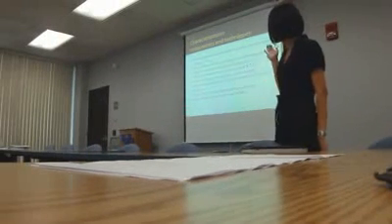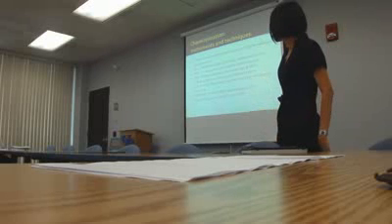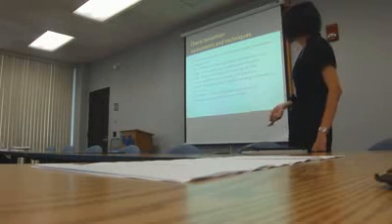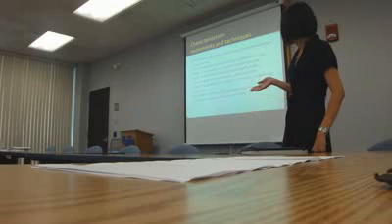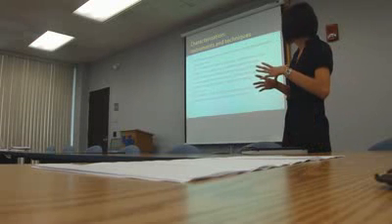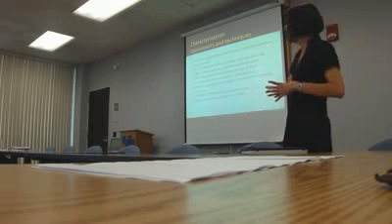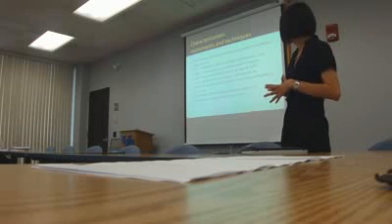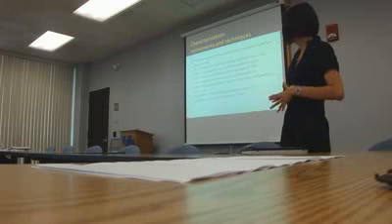Okay, so these are the techniques that we use for characterization. FTIR is for studying the oxidation characteristics. DLS is for measuring the hydrodynamic size. XRD is for studying the crystallographic structure.